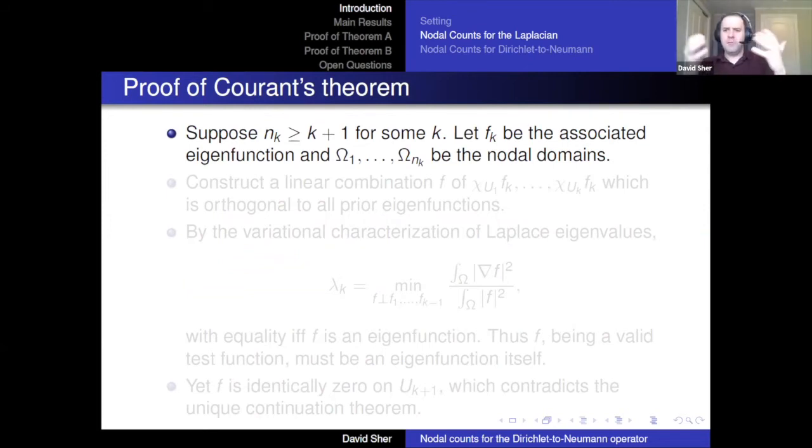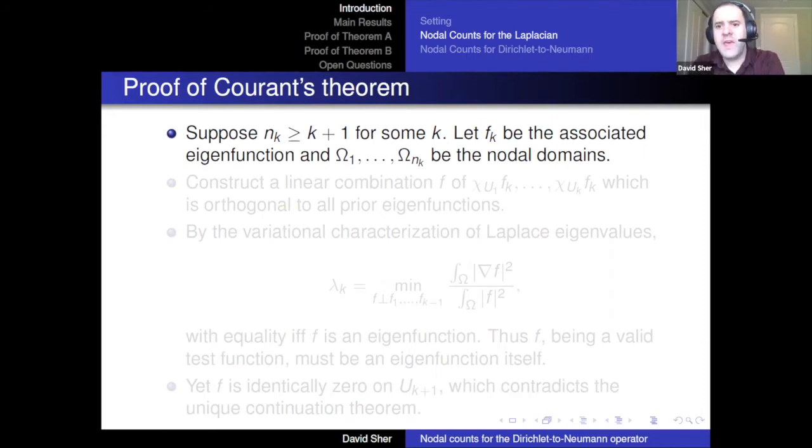So the proof of the Courant nodal domain theorem takes advantage of the variational characterization. Suppose that you have more than k nodal domains for the kth eigenfunction. I'm just going to call the eigenfunction f_k, and then nodal domains omega_1 through omega_{n_k}.